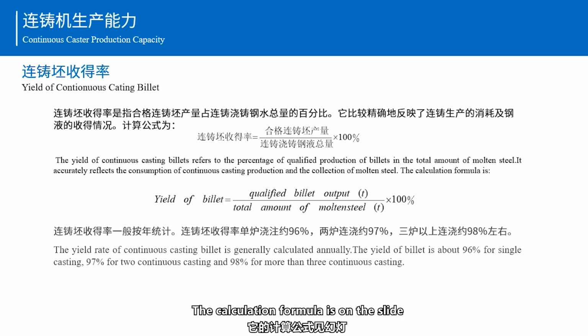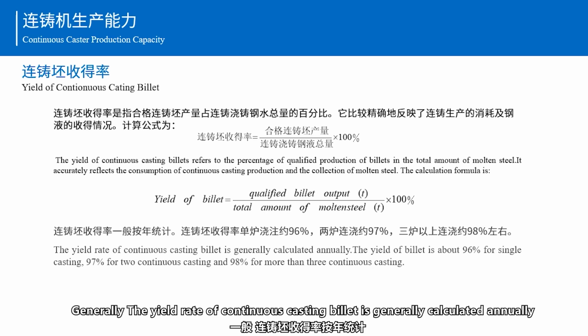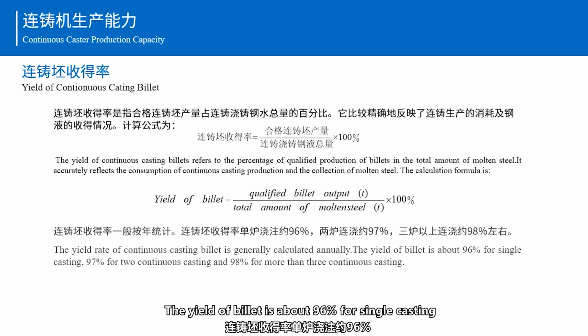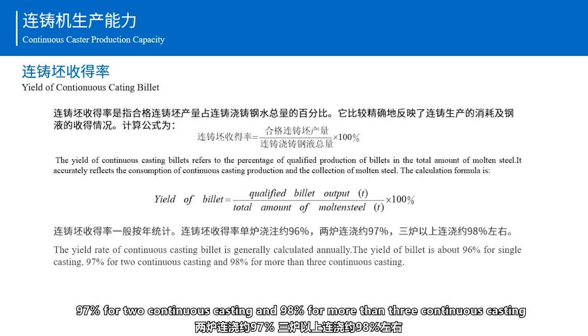The calculation formula is on the slide. Generally, the yield rate of continuous casting billet is calculated annually. The yield of billet is about 96% for single casting, 97% for 2 continuous castings, and 98% for more than 3 continuous castings.